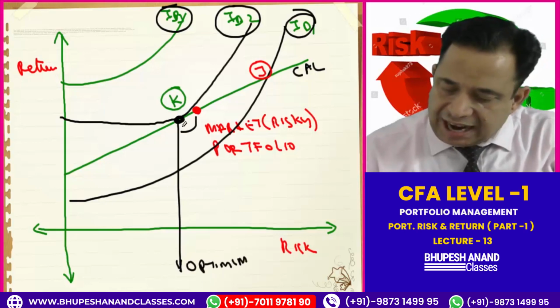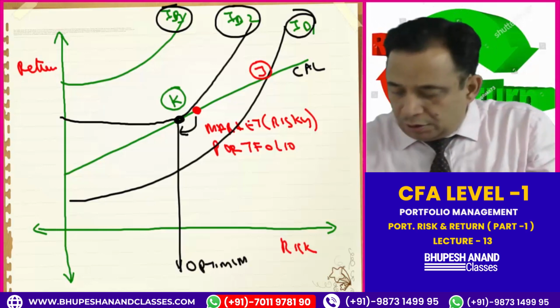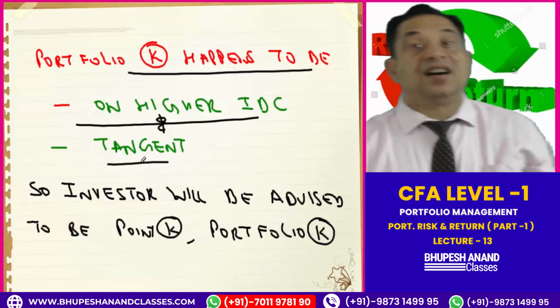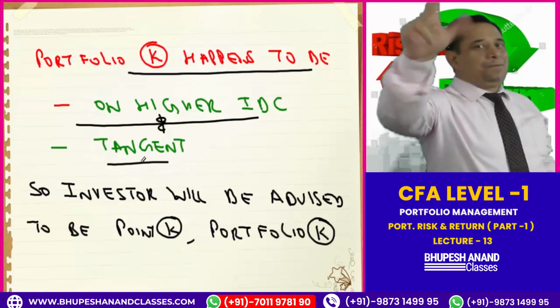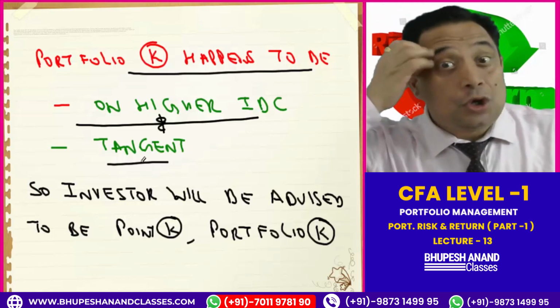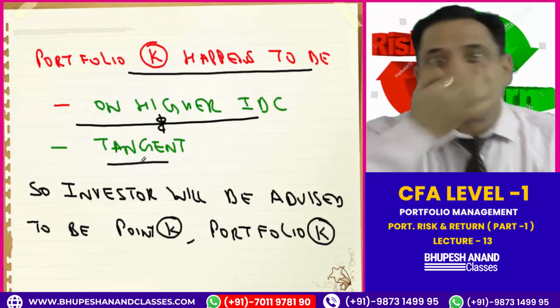Now this is on the left hand side of the market portfolio. It means it is a lending portfolio. So let's see, portfolio K happens to be on the higher indifference curve and in tangent. Both the conditions should be fulfilled. In the other portfolio, both the conditions are not being fulfilled. No doubt it is tangent, but it is not the higher.